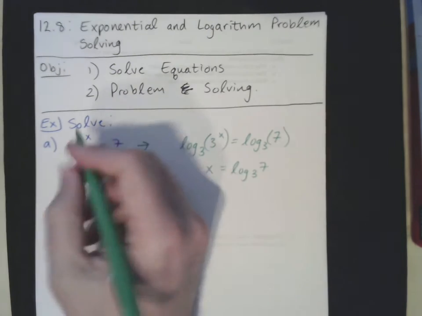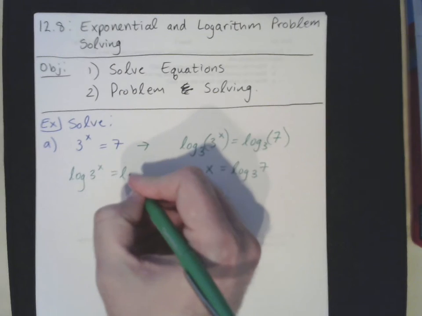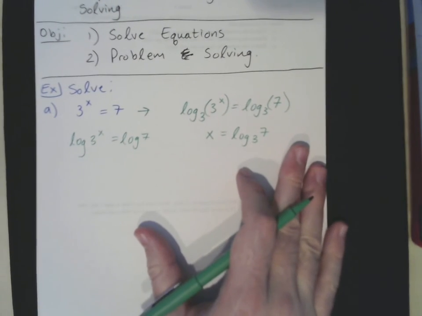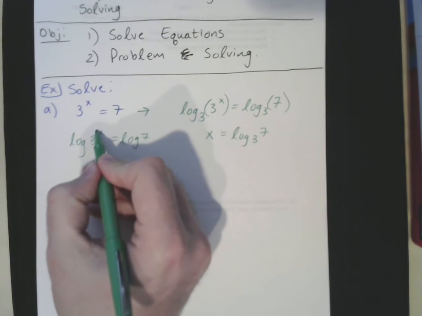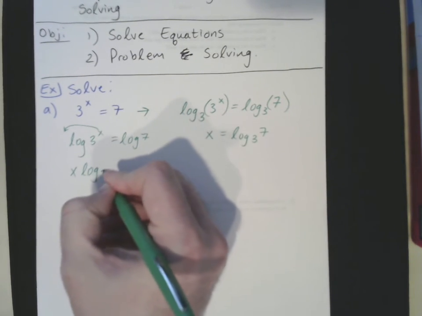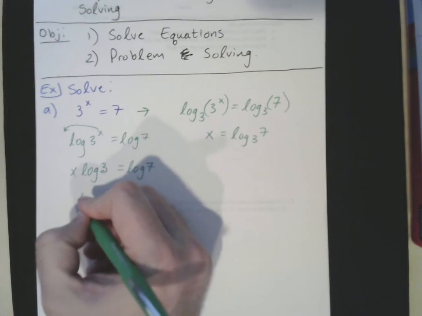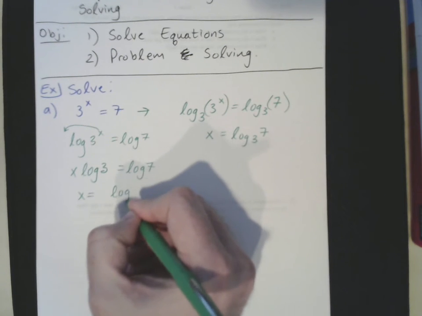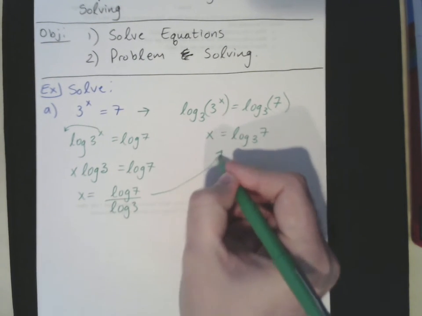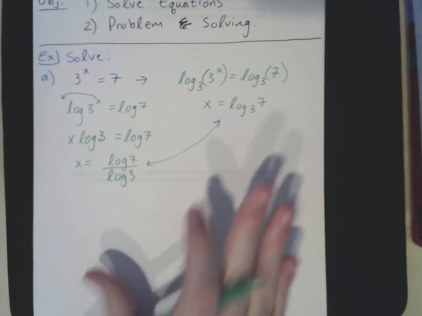Now this isn't the only way to do this. We could also have done log of 3 to the x equals log of 7, using the common log that we just discussed in the last section. Then our logarithm properties kick in, the x comes down, we have x log 3 equals log 7, or x equals log 7 over log 3. These are equivalent, using change of base.